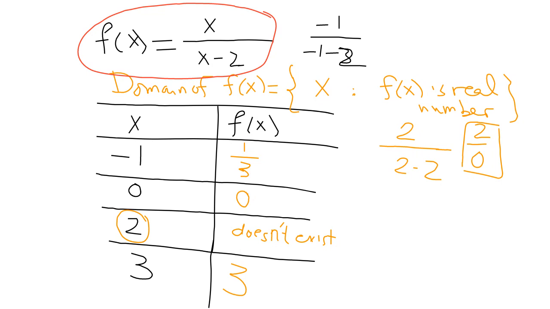Only 2. Why? What caused this mess? It's because 2 is the zero of the denominator. Do we have any other zeros for the denominator? No. Solve this: x minus 2 equals 0.